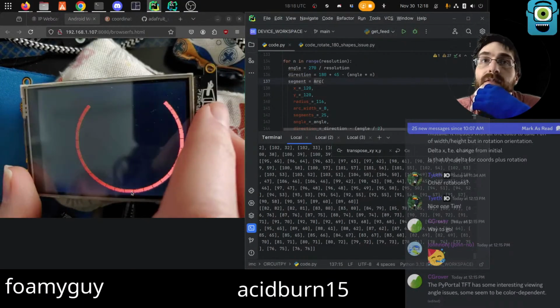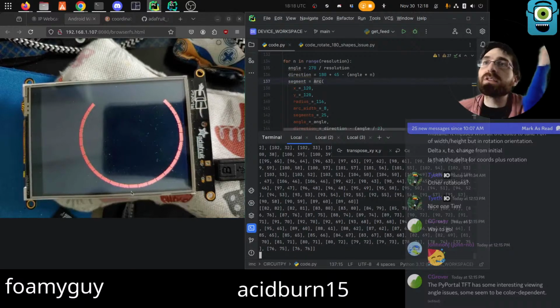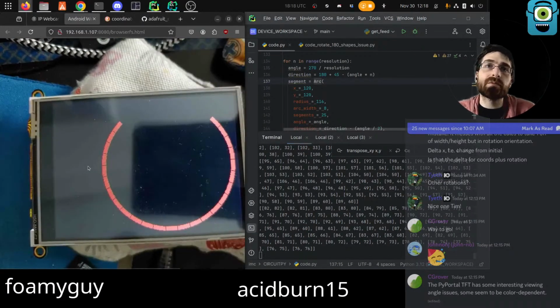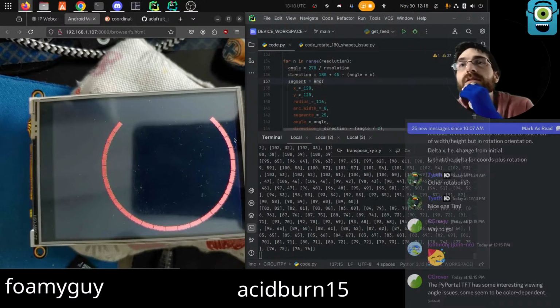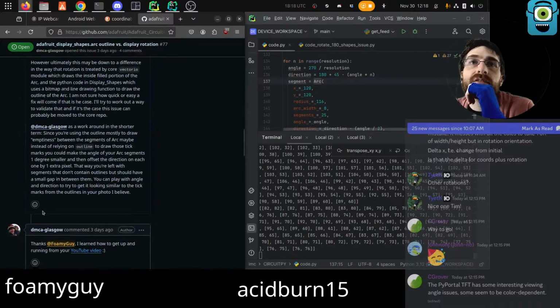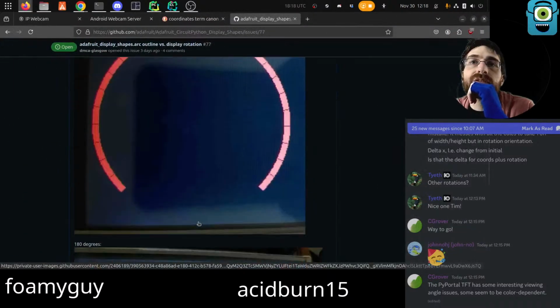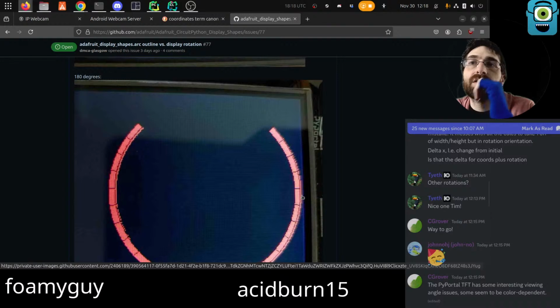Sweet. So this also fixed this problem. It was ultimately the same problem, turns out. The vector IOs being off by 1 caused this thing to look messed up also, because this thing uses 1 vector IO polygon and 1 bitmap, 1 display shapes polygon.